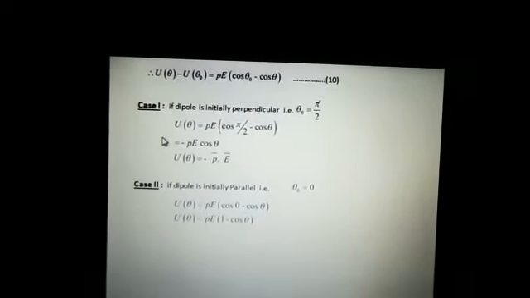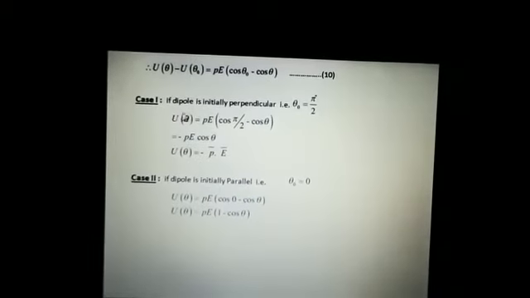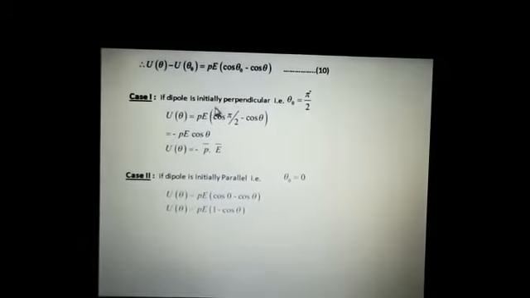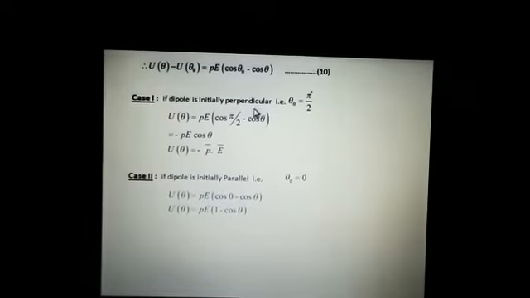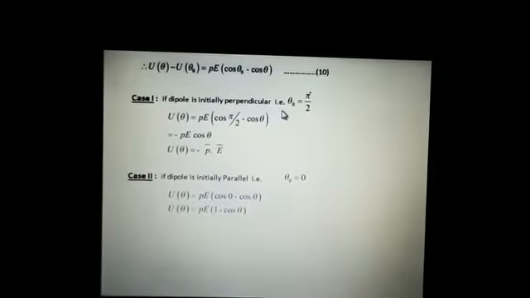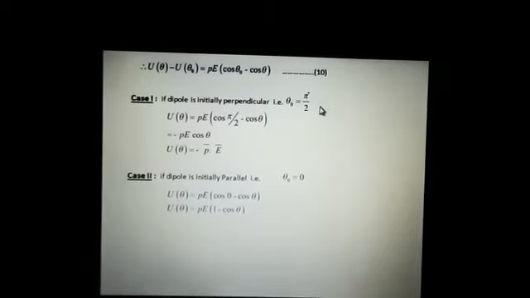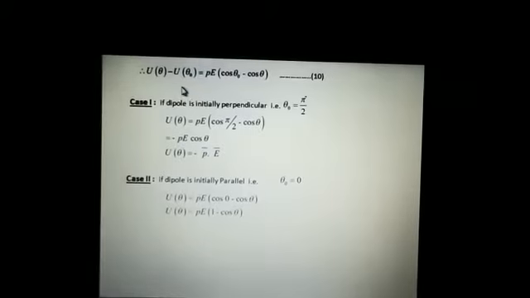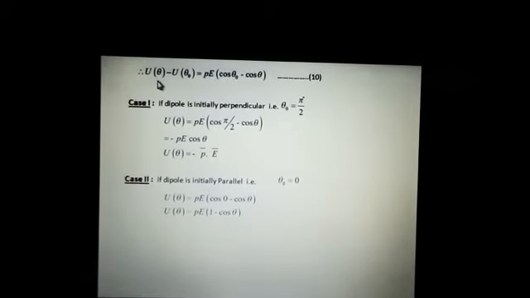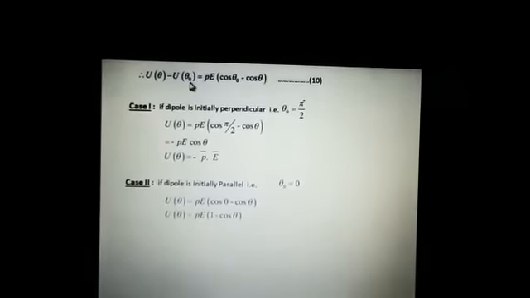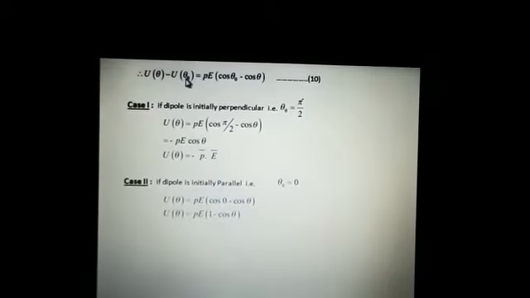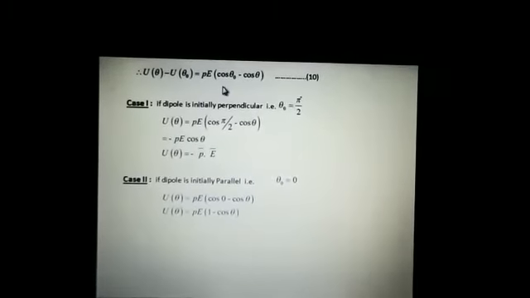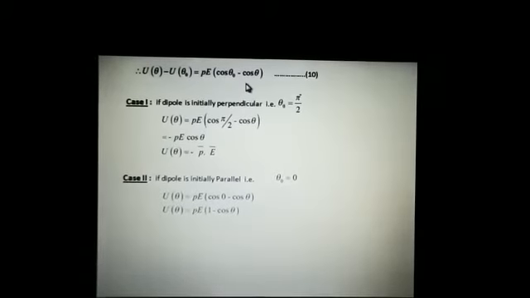Here two conditions arise. In the first case, if this dipole is placed initially perpendicular, that is theta 0 is equal to pi by 2, then the above equation, equation number 10, becomes U(theta) equal to P E times cos theta 0 minus cos theta.